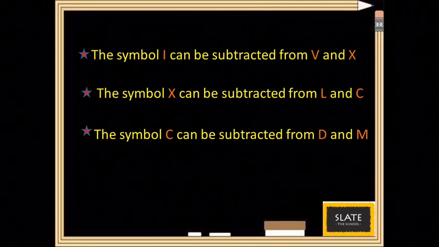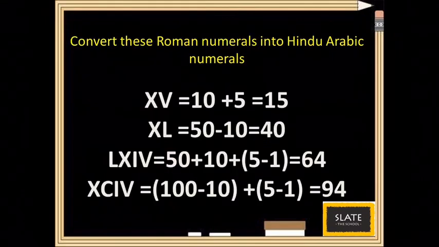Slaters, hope you all understood the rules of these Roman numerals. I am sure all can write the Roman numerals now. Shall we write some more examples? Let's convert these Roman numerals into Hindu-Arabic numerals. XV is equal to 10 plus 5 is equal to 15.